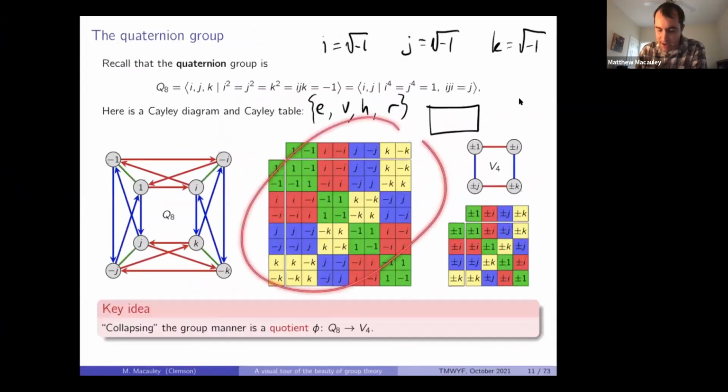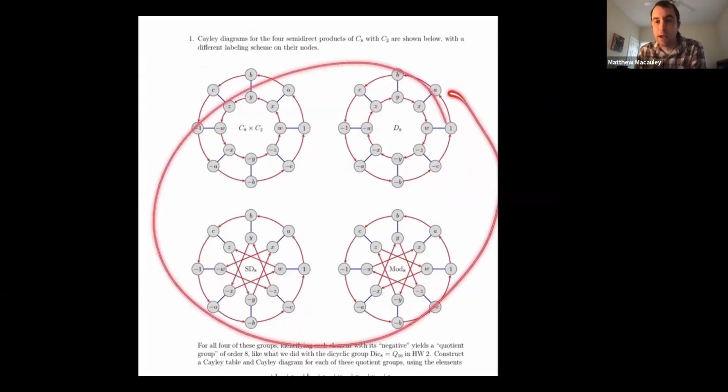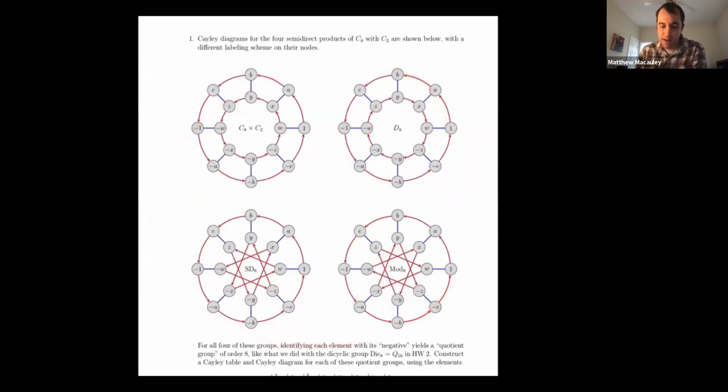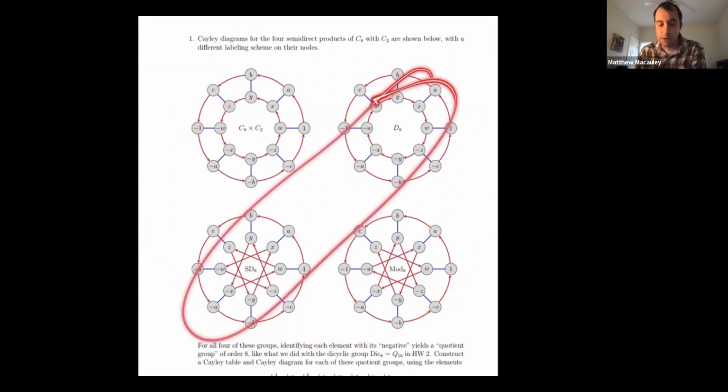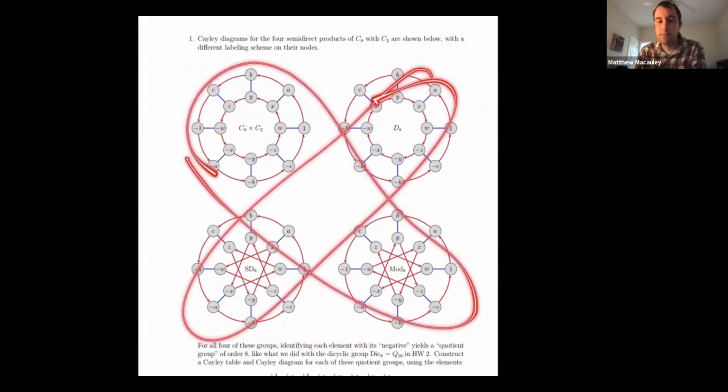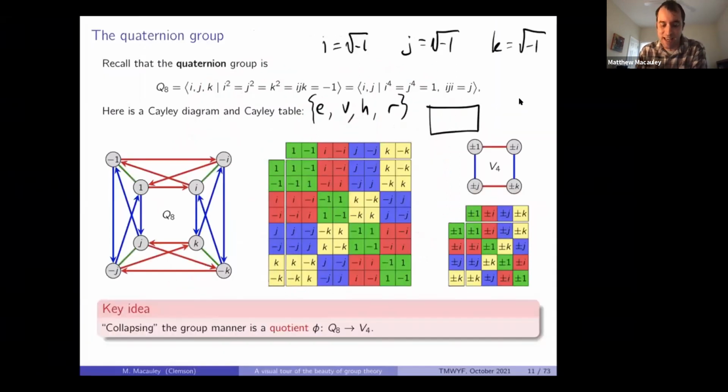So I did that and that's a quotient. I have them do the same thing with those groups. And they really discover what a quotient is by doing that exercise. It turns out that these have the same quotient, dihedral, and these have the same quotient, abelian. So it's a discovery before we even get to what quotients are.